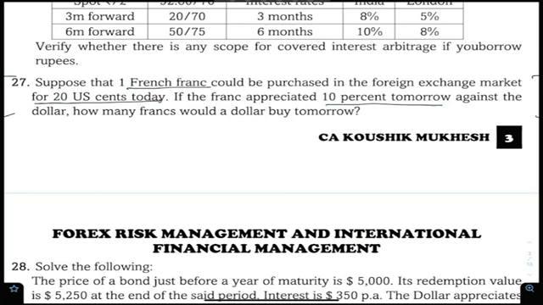Try to understand the language of the question. Okay, have you read the question?